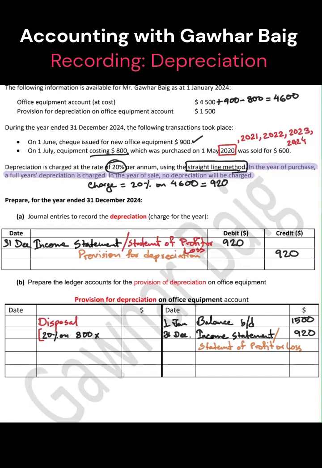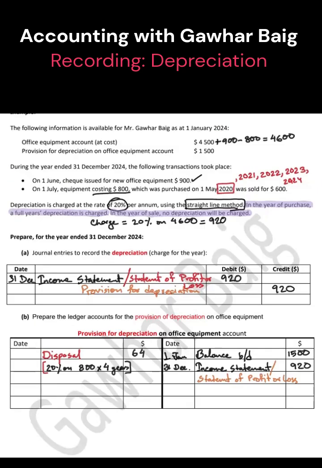So we are going to multiply by 4 years here. Then we place the value, which comes to 600, and the disposal date is on 1st July.